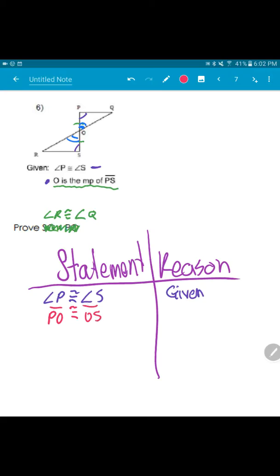And our reason is definitely not given. The reason that we knew that is because of the word midpoint. So we're going to say that's the definition of a midpoint. Alright, now we've got two things.